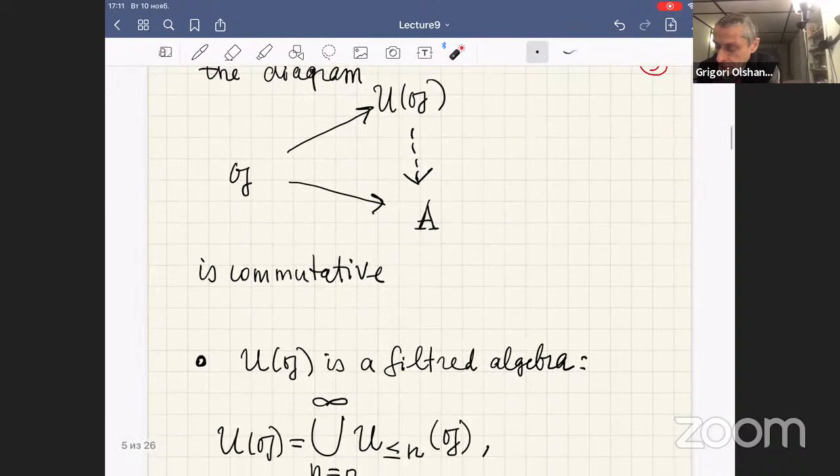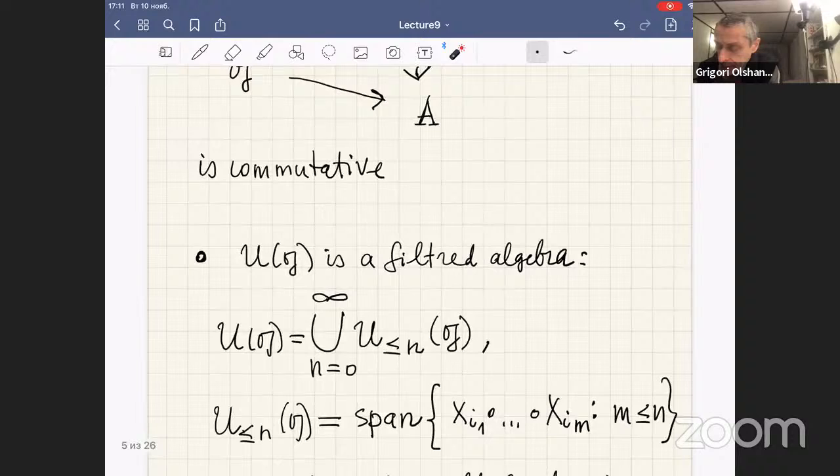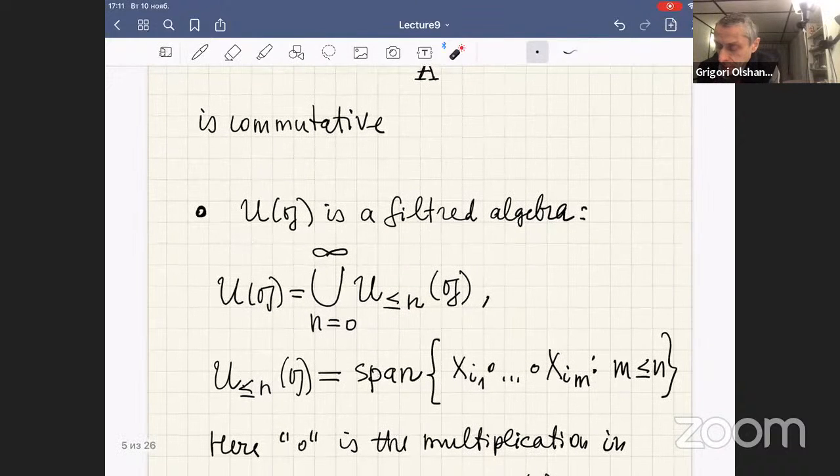What next? It's very important for us that our object U of G is a filtered algebra. This means that there is a chain of growing subspaces. I use this notation. So this object is the subspace of degree less than or equal to n.